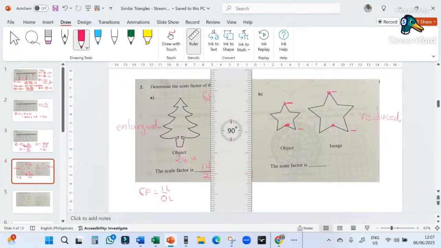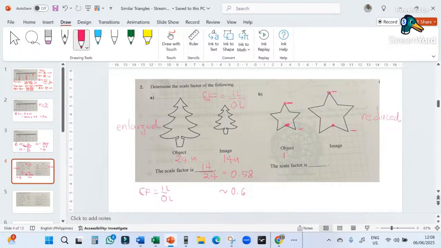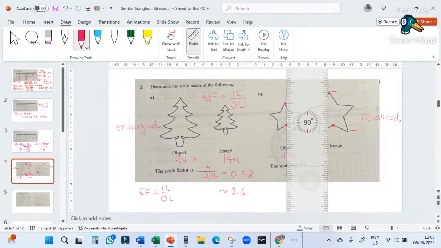Let's pull out our ruler and measure our object. It seems that I have 11 units here. I'll write it down. And for the big one, you just have to be consistent: 5, 10, 15, 16.